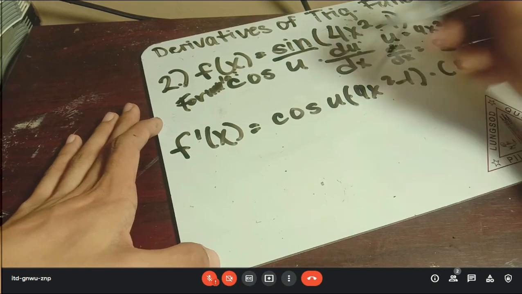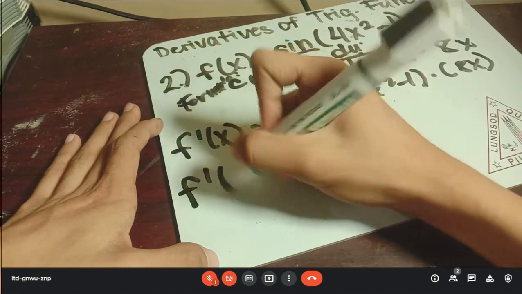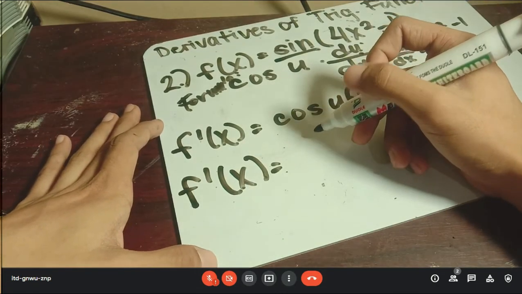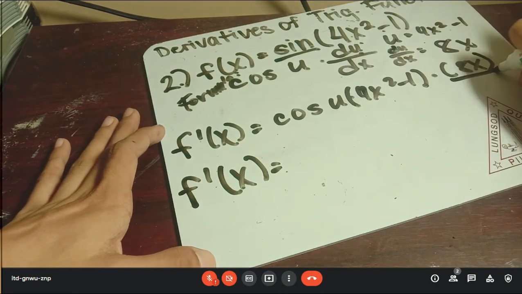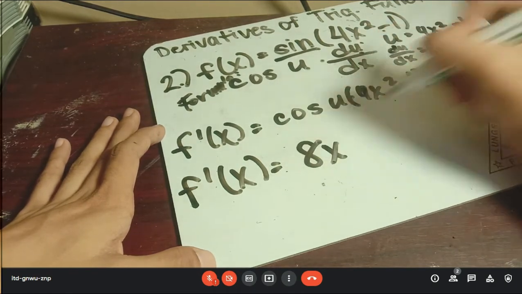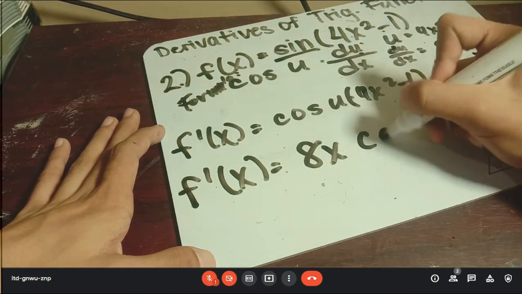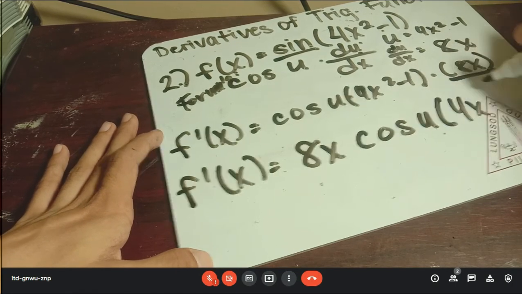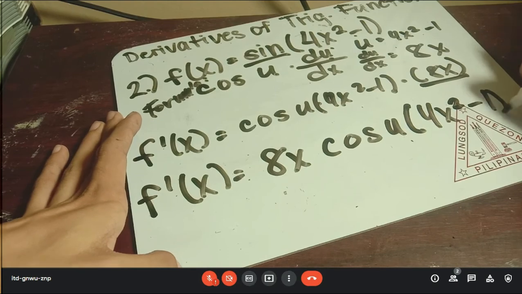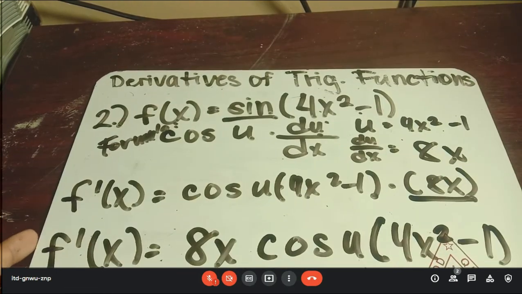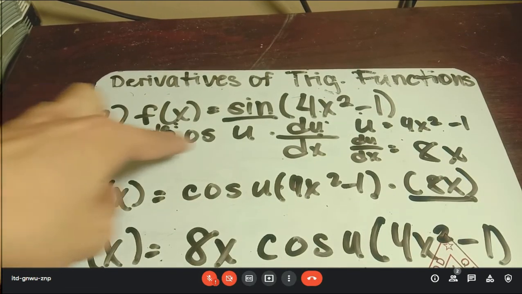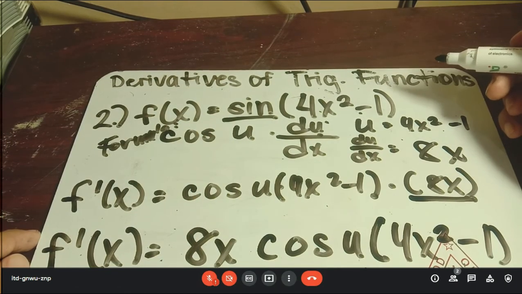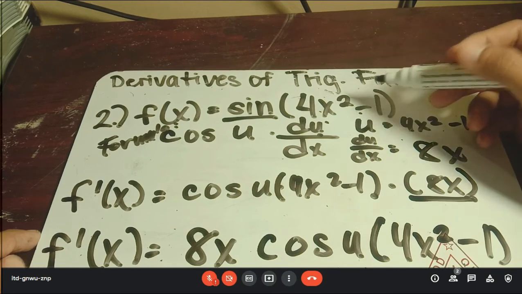Again, let us make it in a standard form. So, paano yung standard form natin? Kung yung nasa huli yan, ilalagay natin sa harapan. So, it will be 8x cos of 4x squared minus 1. So, ayan. Ito yung formula natin na ginamit natin for the problem of f of x is equal to sin of 4x squared minus 1.